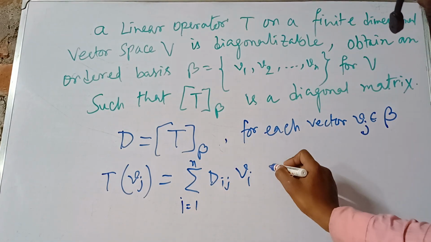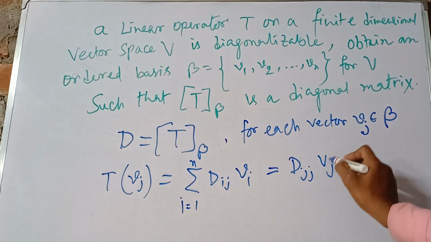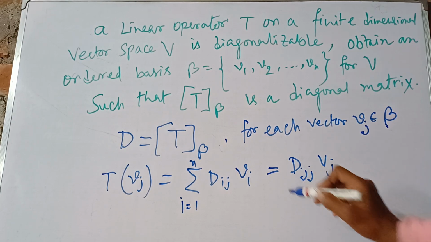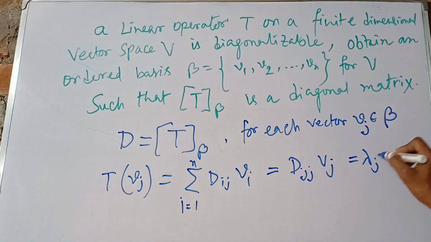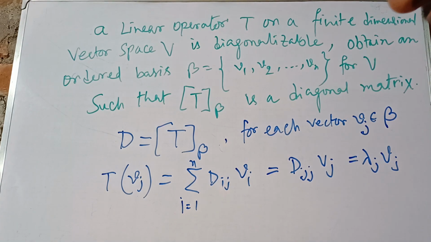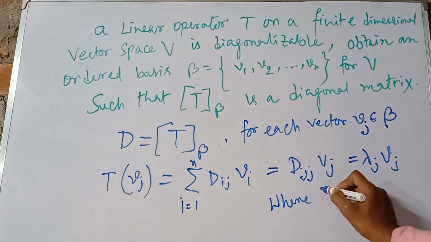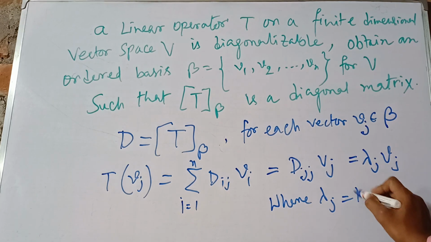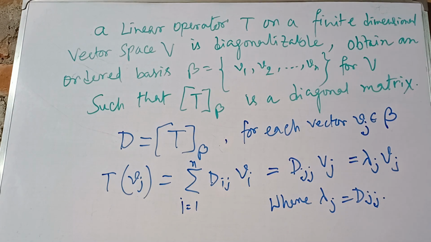Then this equals djj vj, then this equals lambda j vj, where lambda j equals djj. Understood? Not a problem at all.